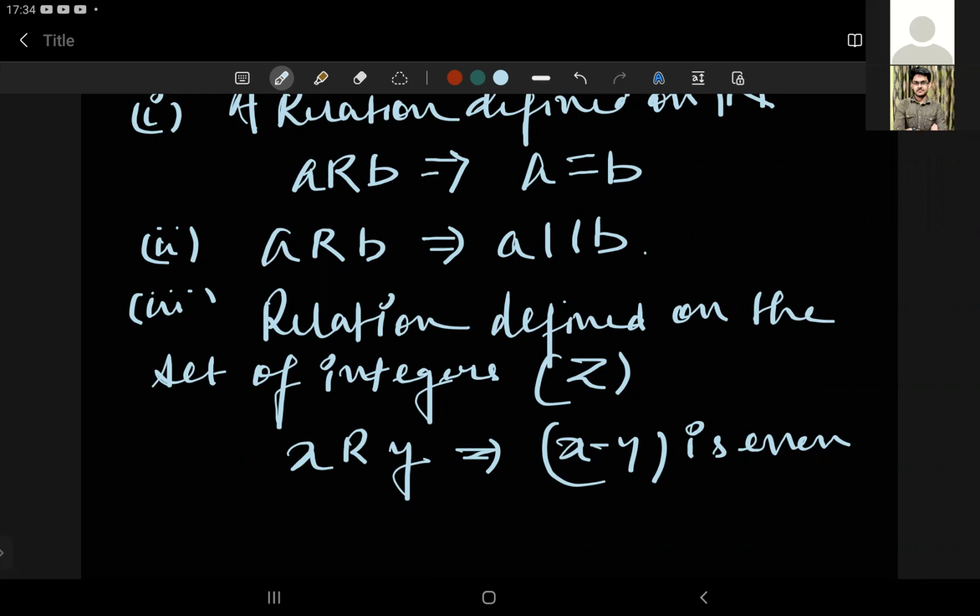And it would be a transitive relation, because if x minus y is equal to 2k1, where k1 is an integer, and y minus z is equal to 2k2, where k2 is an integer, then x minus z would become 2 into k1 plus k2, and for sure k1 plus k2 will be an integer, so it would also be even. So it is an equivalence relation. Did everyone get that?